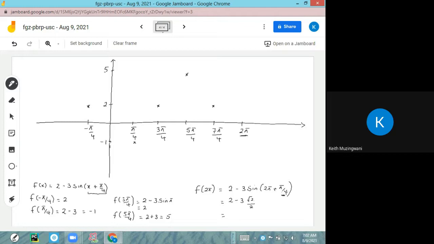So is it positive or negative? It's negative.